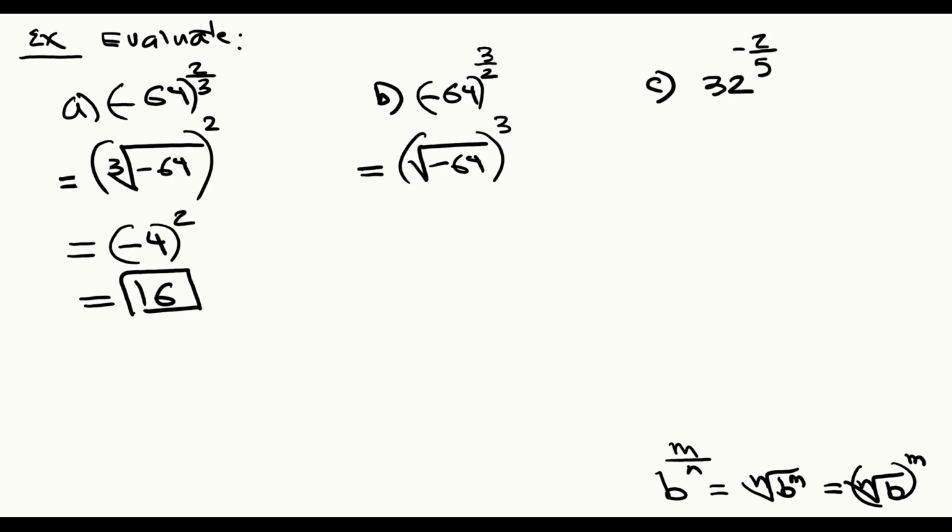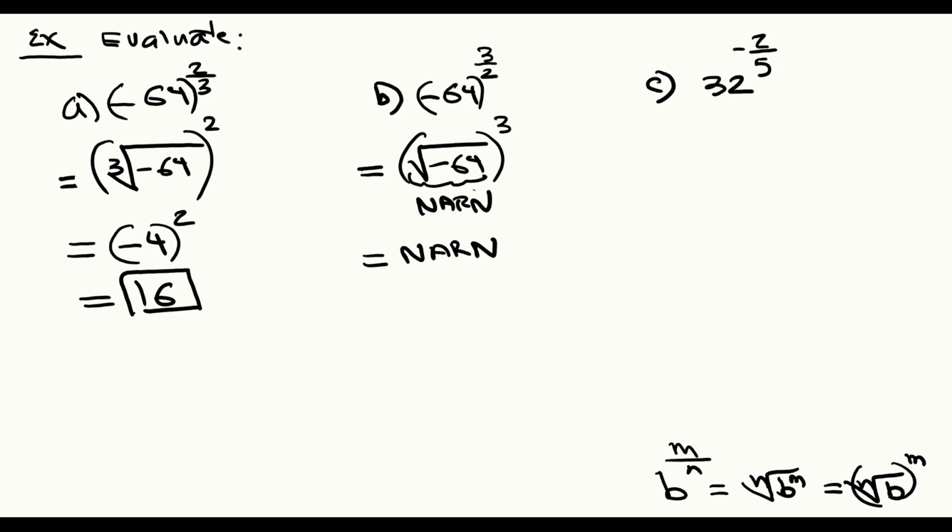But notice, there is no real number whose square is negative 64. So this one is not a real number. And of course, if you take some number that is not a real number and cube it, you're going to end up with another number that is not a real number. So here, it's one of those situations we're going to say narn, or not a real number.